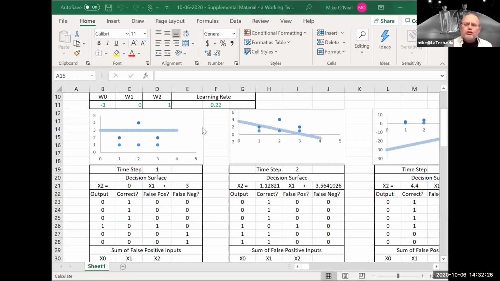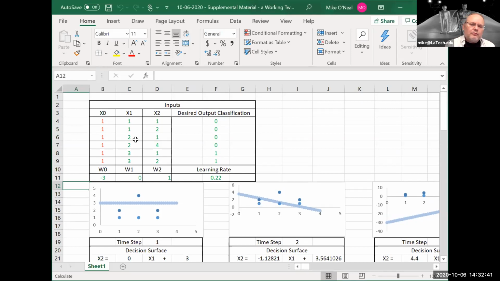I said that you could start with any weights and learning rate, and you should still get a valid answer. Well, I didn't say you'd get the same answer. I said you would get a valid answer. So let me be very careful here. So what happens if we do something real simple? We're going to keep our threshold at 3, so -3 for weight 0.